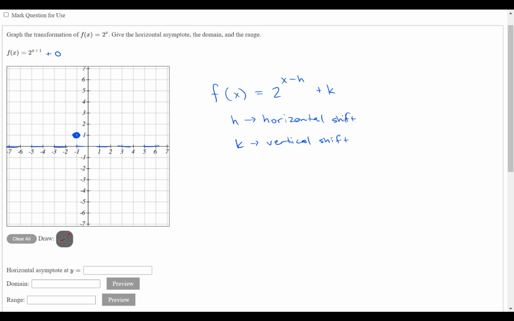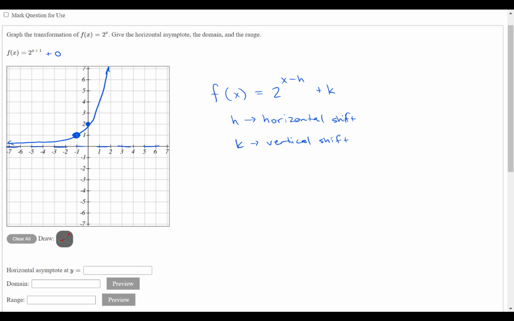Now the graph itself, in order to graph something with base 2, what you need to do is go over right 1 and up 1 and find another point, then that will give you another point that you need to pass through so that you have a base 2 exponential.